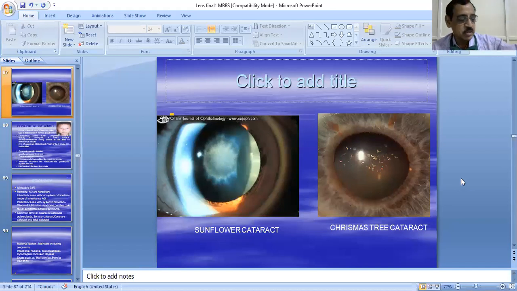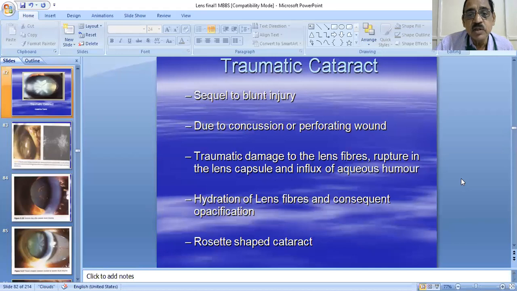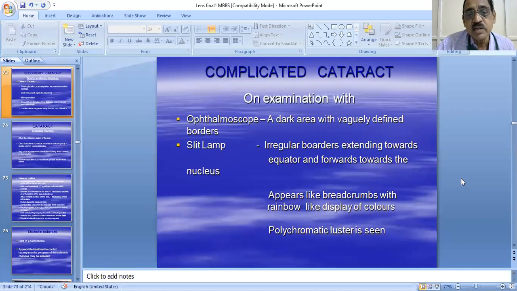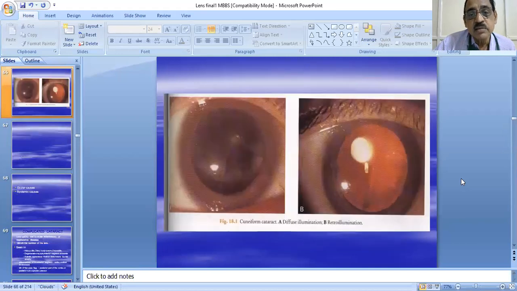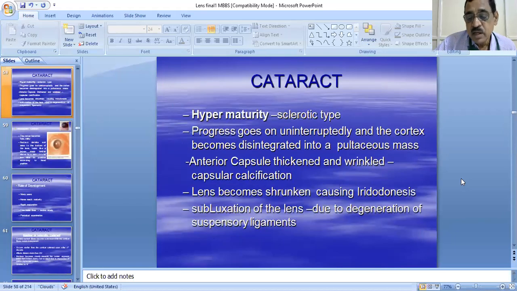So we stop here. To recapitulate what we have already said, we have seen the classification of cataract and stages of cataract formation, and the differences between all these cataracts, the differences between nuclear cataract and cortical cataract. Nuclear cataract is a hard cataract. Cortical cataract is a soft cataract.